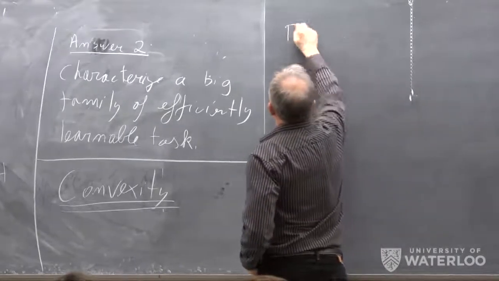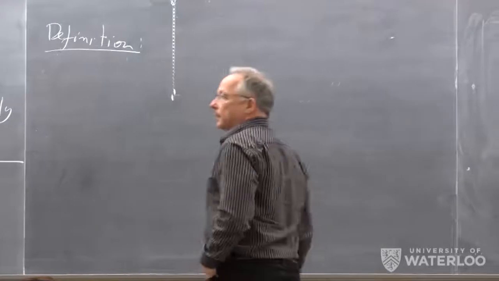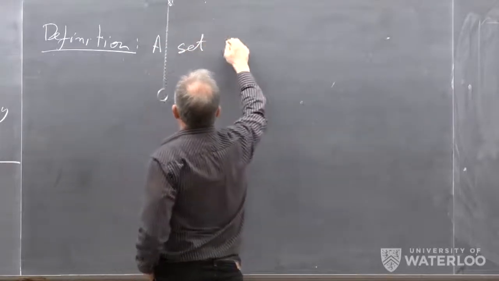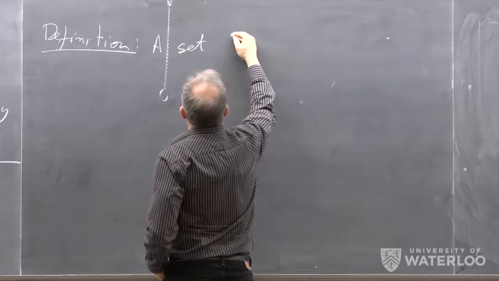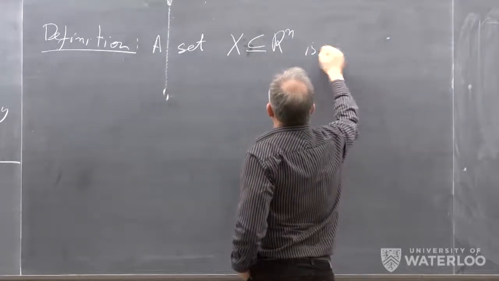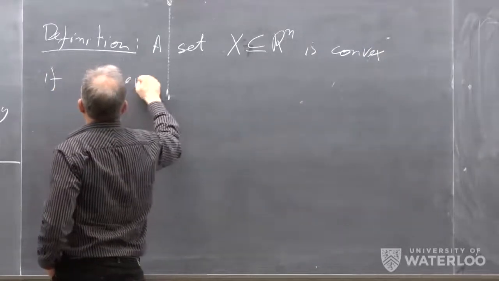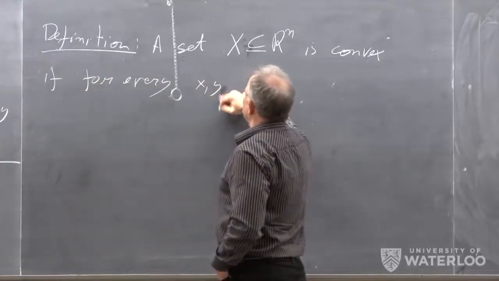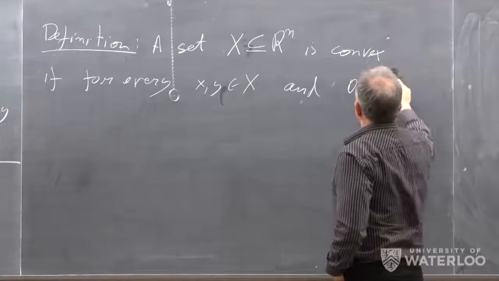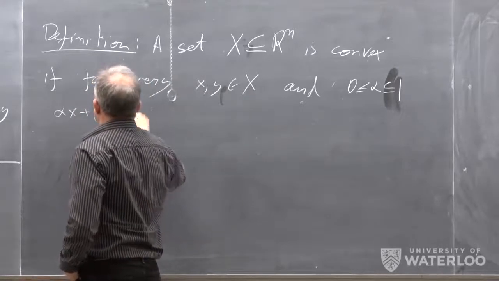So our first definition is that a set X, a subset of R^n, is convex if for every x, y in X and alpha between 0 and 1, the vector alpha x plus (1 minus alpha) y is also in X.